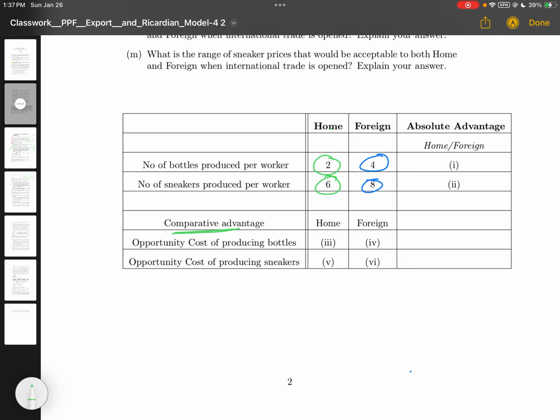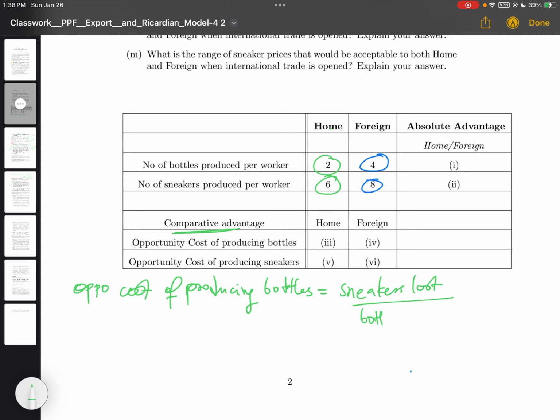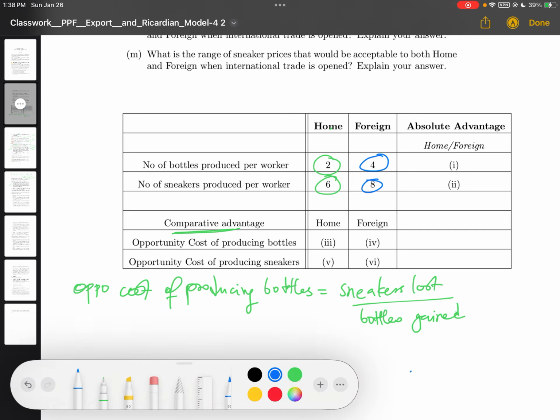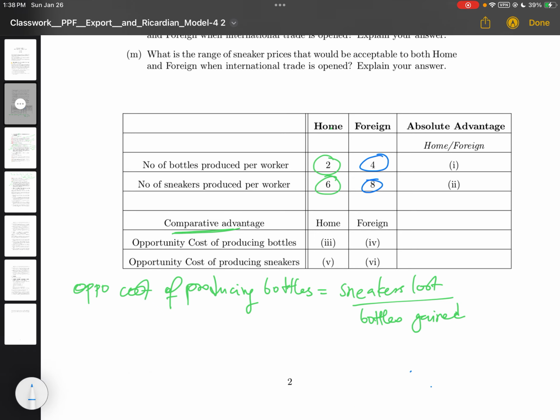Okay, so here we have opportunity cost of producing bottles. Well, that will be sneakers lost over bottles gained. I like to do this systematically, so you remember that I is for home.